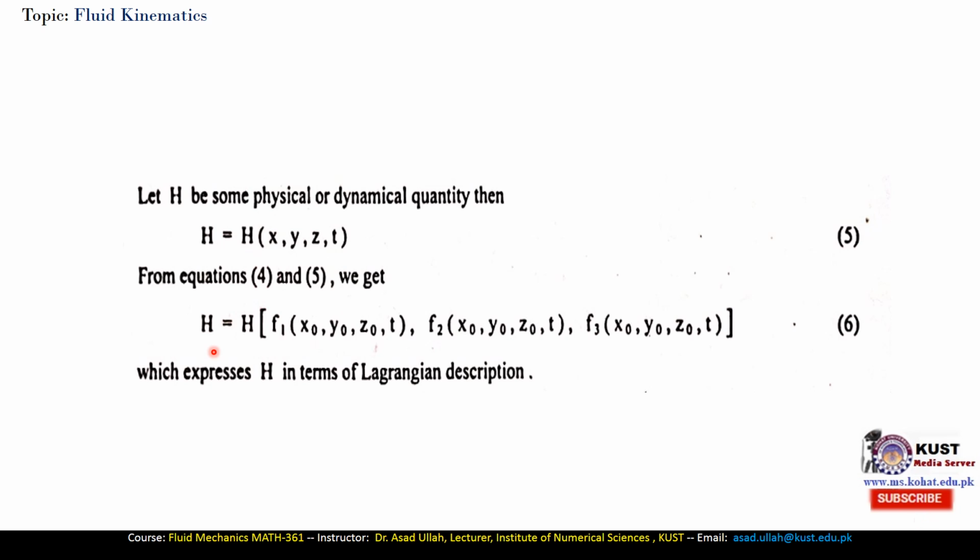What we have done is just the integration, and by finding the constants of integration using the conditions x is equal to x naught, y is equal to y naught and z is equal to z naught, we find the general form that is given in equation number 6. Equation number 6 is the Lagrangian representation for any physical or dynamical quantity.